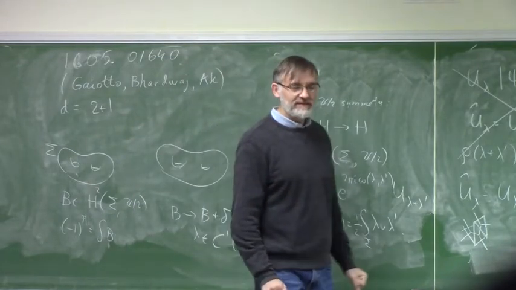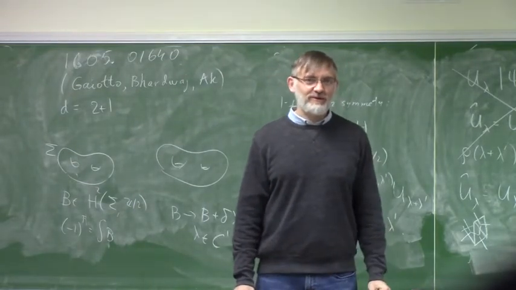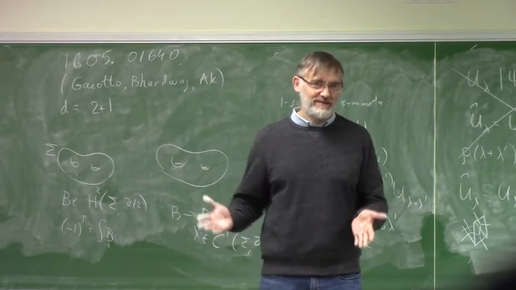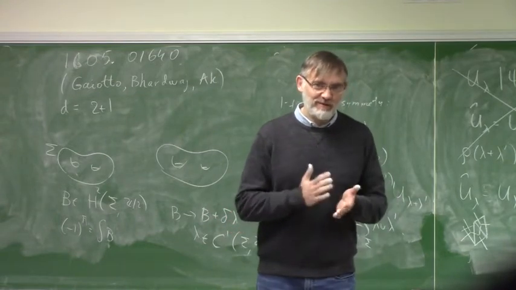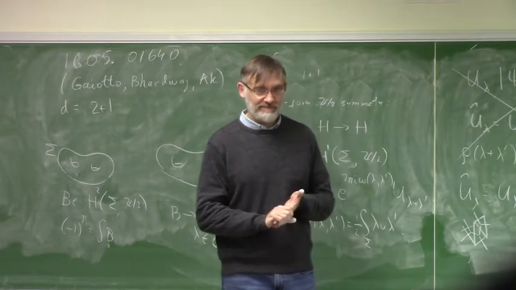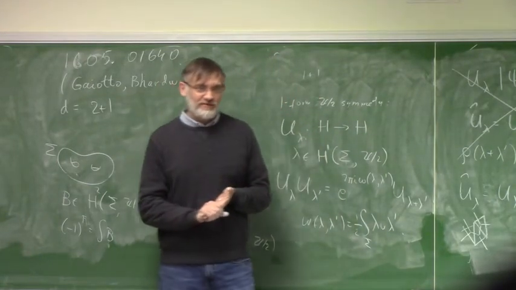What goes wrong in 5 dimensions? Nothing goes wrong. It's just that oriented cobordism deviates from covariant oriented cohomology. That has to do with the following fact.